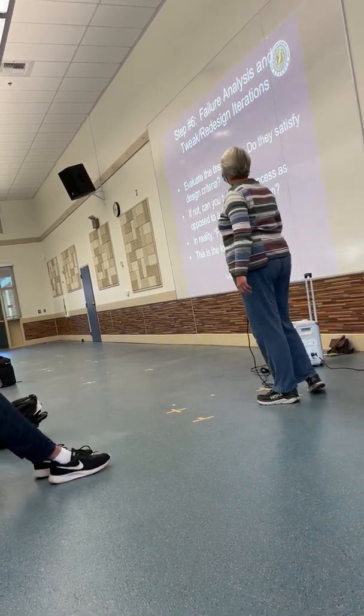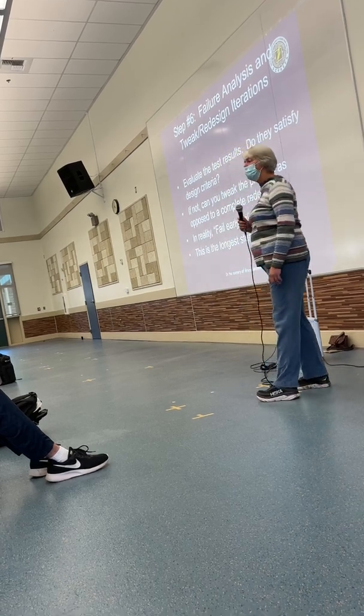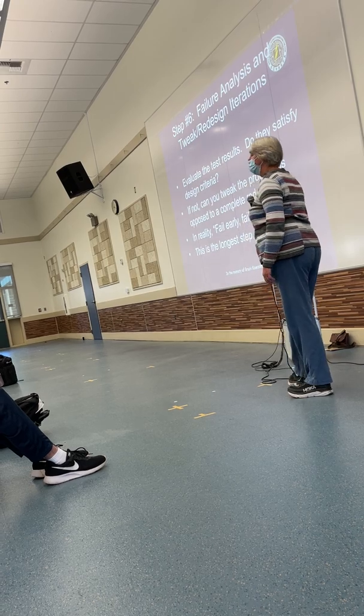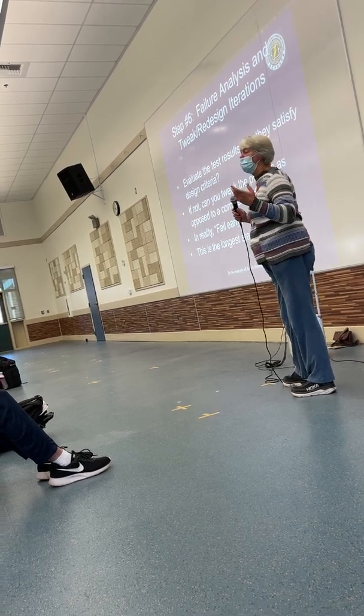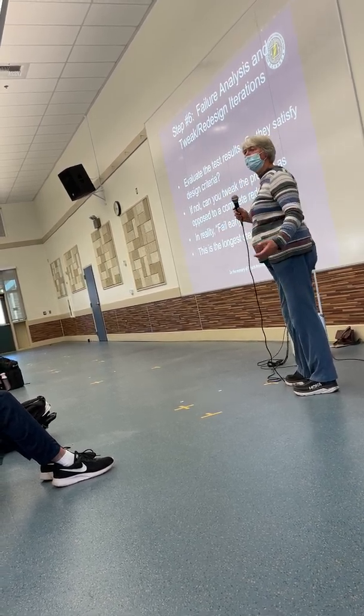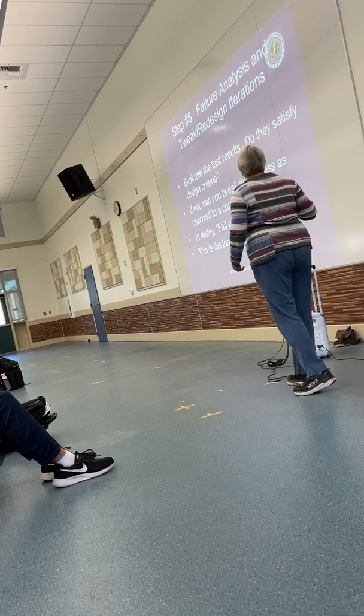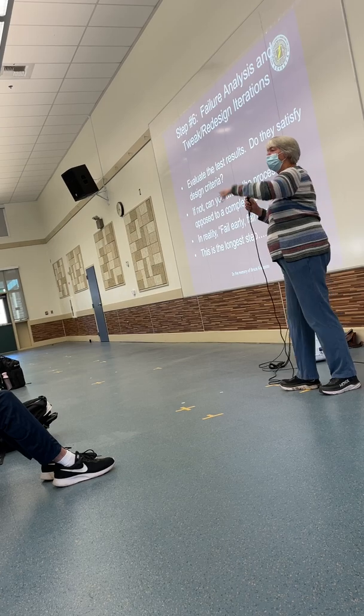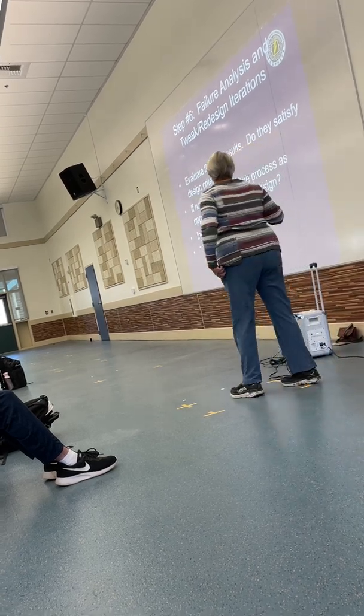All right, evaluate those test results. Did they satisfy the design criteria? And hopefully your first time around they didn't, something broke, and you've got to reevaluate. And so can you tweak the process? Tweak it rather than completely throwing it out and redesigning it.